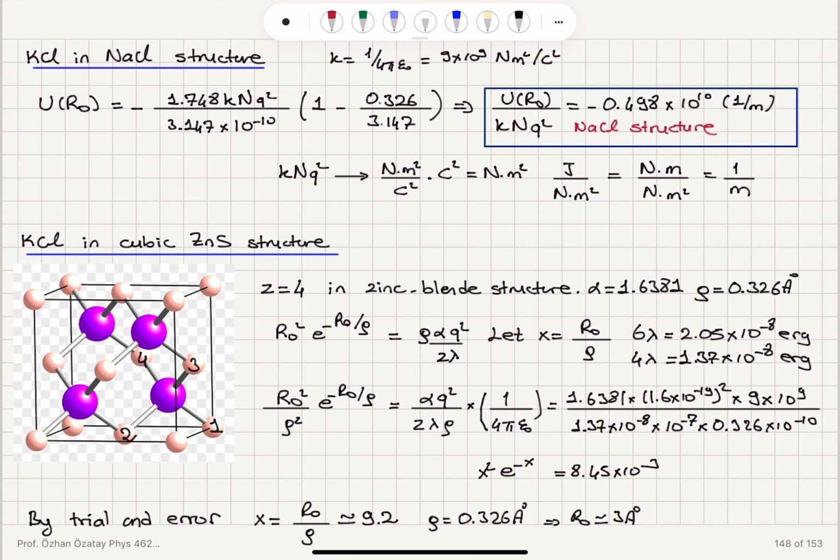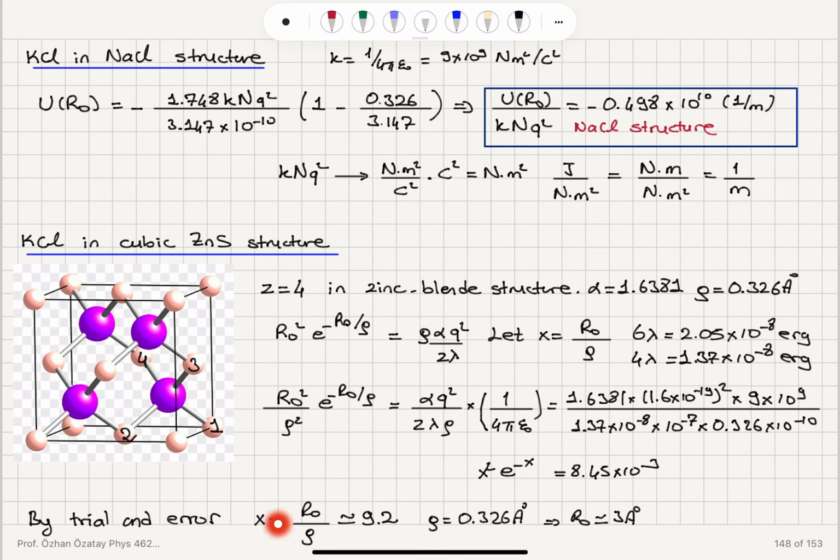What we don't know is the nearest neighbor distance, R0, and we can find that by noting this equation, and for q square we have to use k q square, and this gives us an equation x squared e to the minus x is a number.